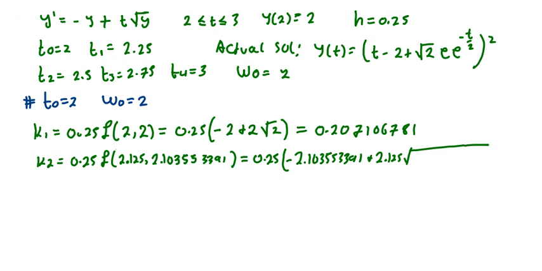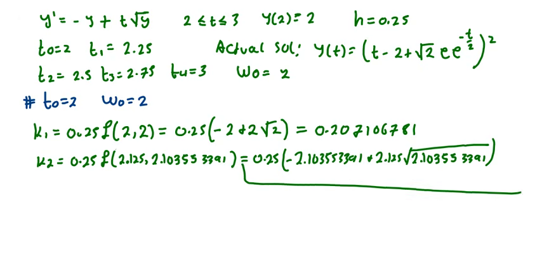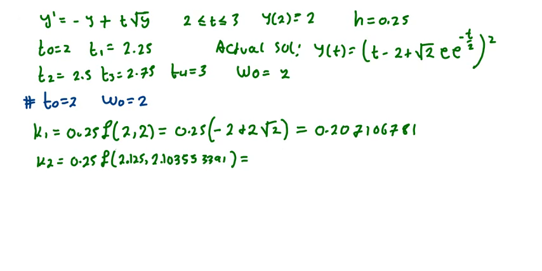So let me copy it and place it right here. Okay, so this is what we get. If you punch all of that on your calculator, you're going to end up with this value that I'm going to write right here. So that value is going to be 0.244617098.